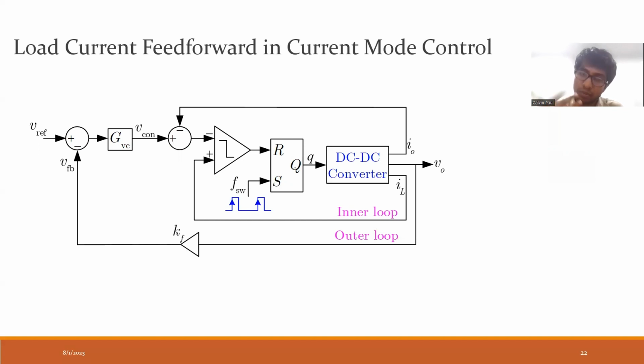So to overcome that, we use load current feed forward. The actual information of load current is passed on, and that enables us to get a logic which works faster. The outer loop is the same; just in the inner loop we add the load current information to generate a particular reference which would work faster.